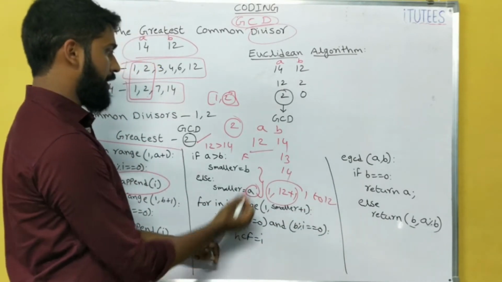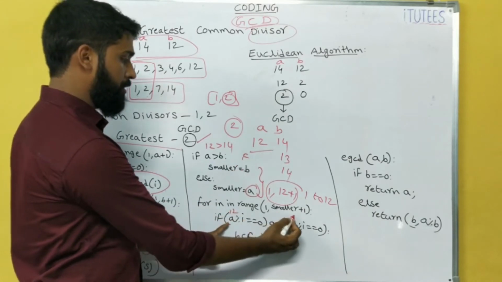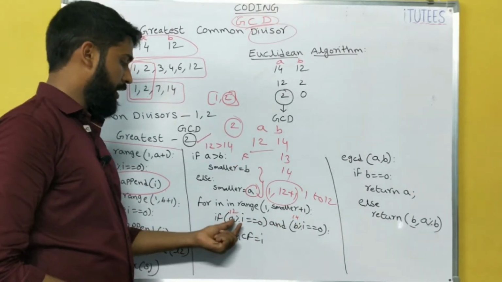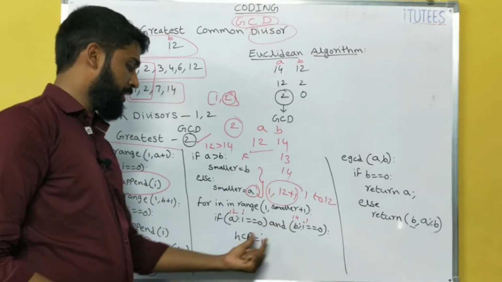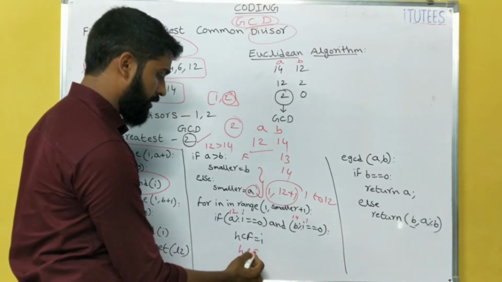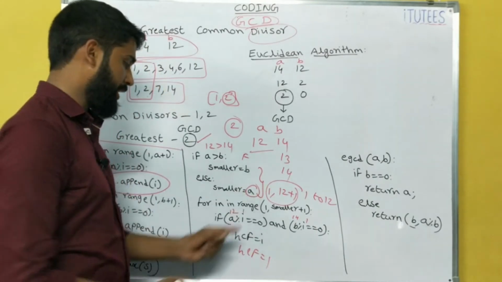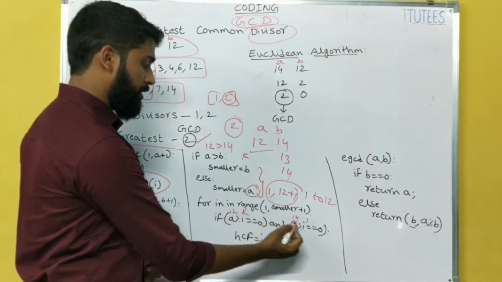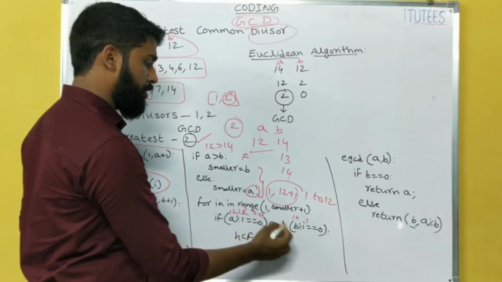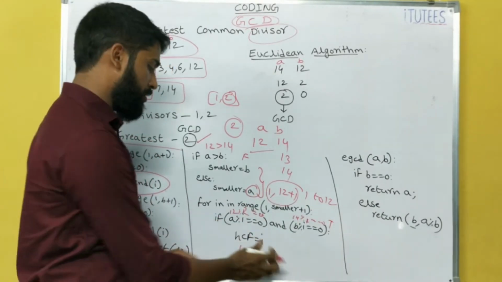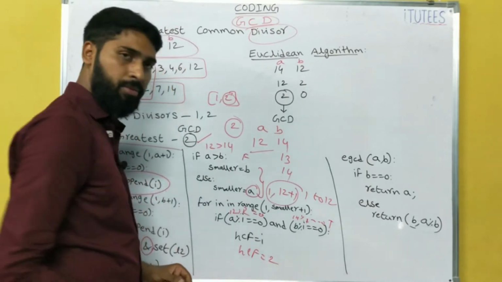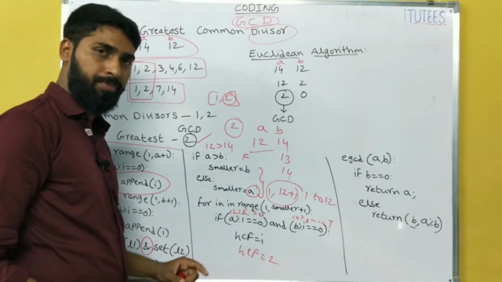What is the A value? 12. What is the B value? 14. A percentage i, first i is 1. If both conditions are satisfied, then HCF equals 1. In the next iteration, 12 percentage 2 equals 0 and 14 percentage 2 equals 0, so HCF equals 2.